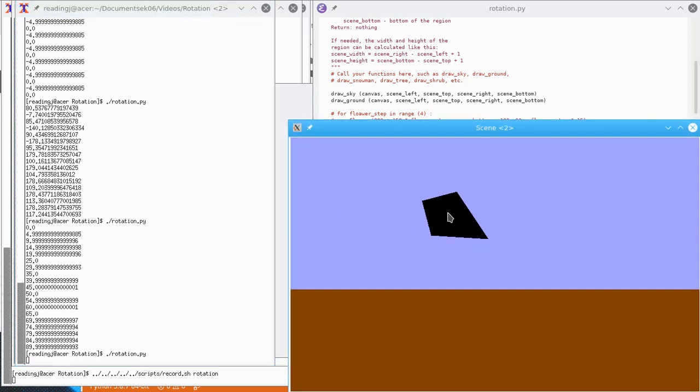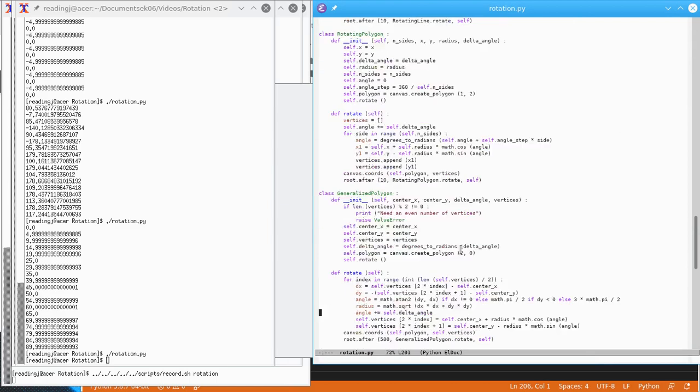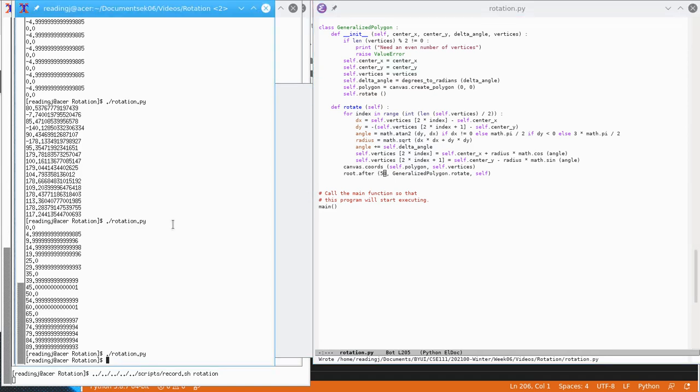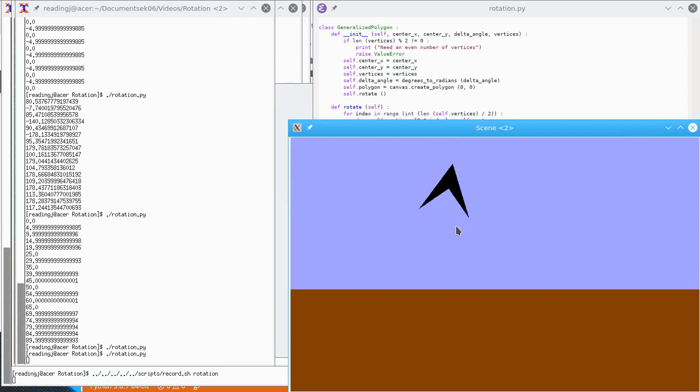What we want to see is it centered on that point? I'm pretty close to the center there. Yeah, that looks like the center. So let's go down here and change this to 50. Whoops.